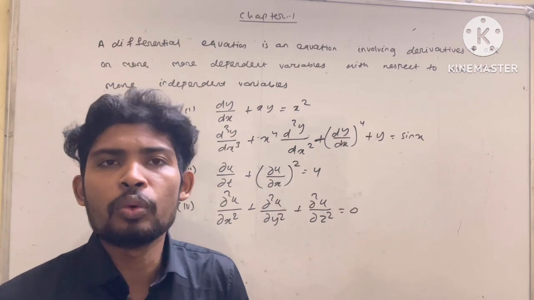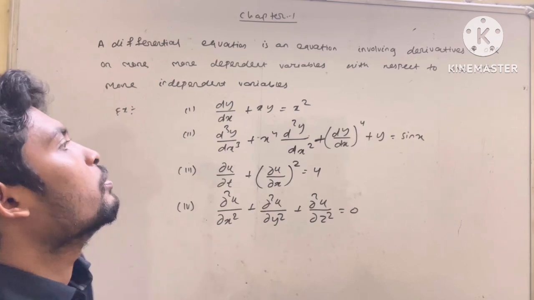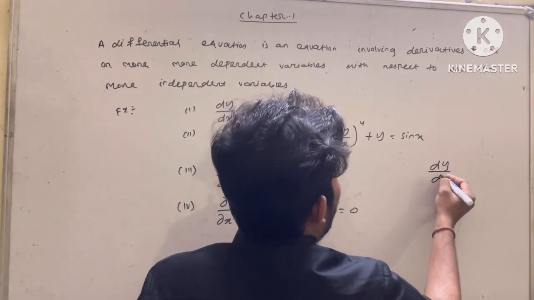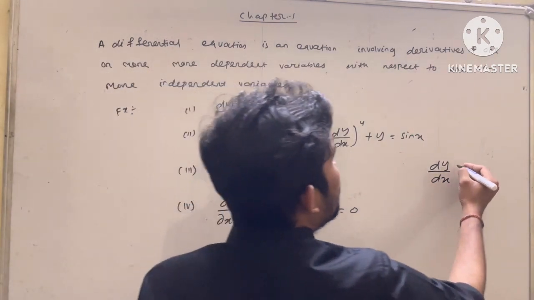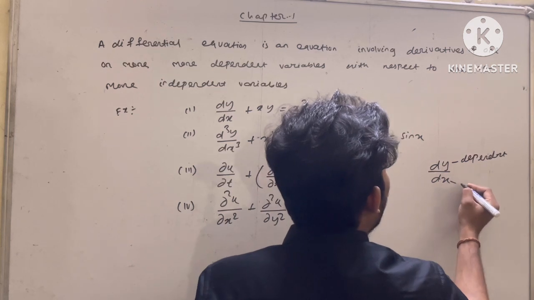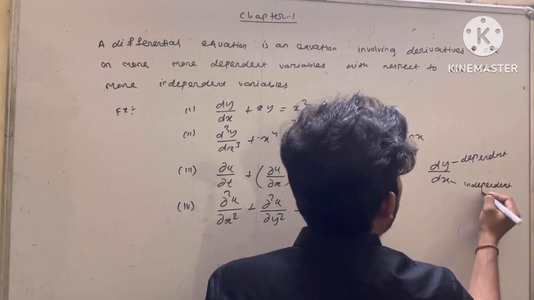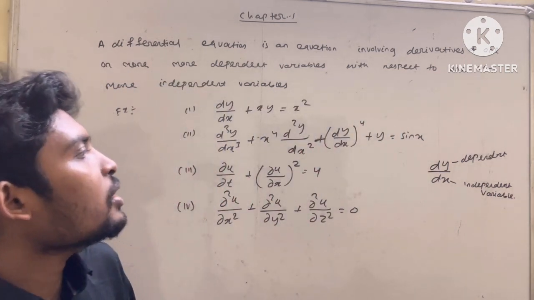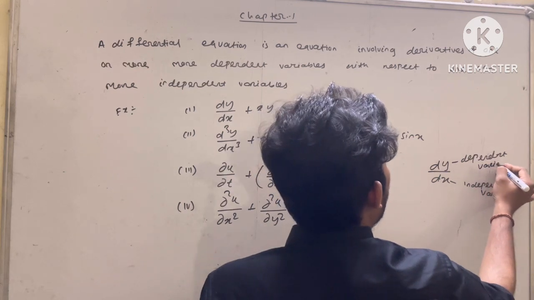First, let's know which one is the dependent variable and which one is the independent variable. Look at dy by dx. In that case, y is the dependent variable and x is the independent variable. That is very easy.